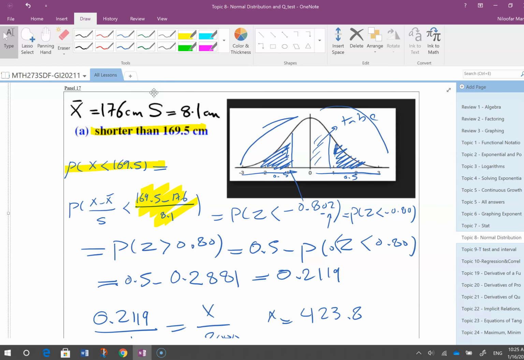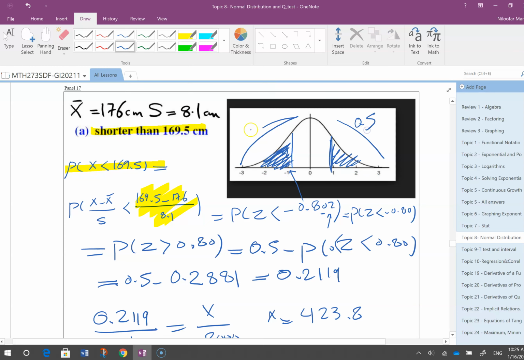See, I have this part. I know left side equals right side. So it is the same as this part. I know this and this are the same, and I know everything is half. The probability of all of them is 1. So here is half and here is half. The probability of the data to be on the right side is half, left side half.